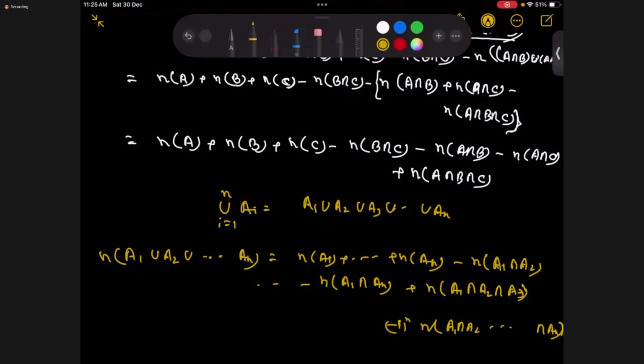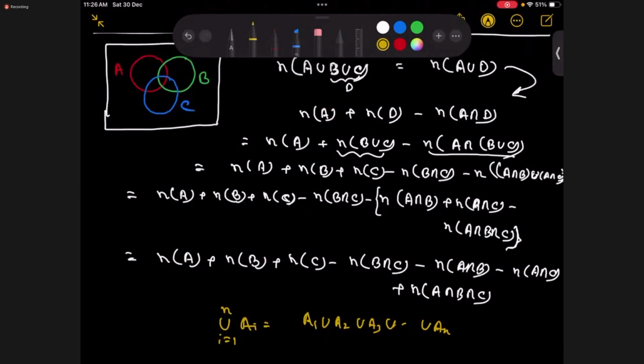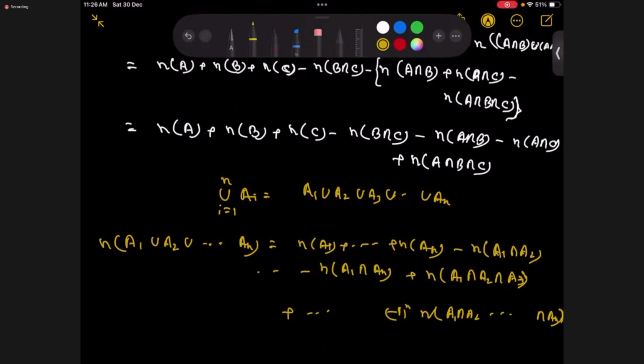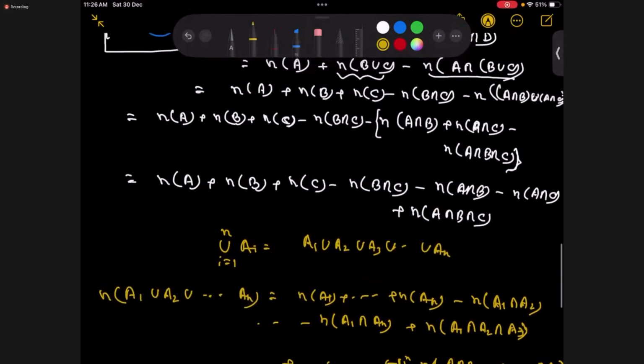If you put n equals 3 or n equals 2 in this formula, you can clearly deduce the formulas for N of A union B union C and N of A union B. In case of 3 elements, n equals 3, we went up to N of A intersection B intersection C. But when we had only 2 elements, n equals 2, we went up to A intersection B. Thus we can find up to n-many terms, and this is called the inclusion-exclusion principle.